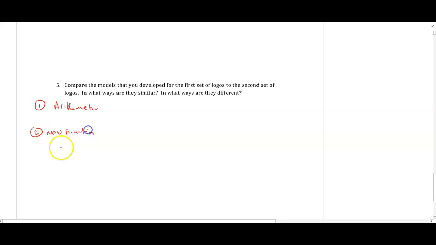And the new function we're going to call is a quadratic function. So when we look at this, we know arithmetic has a common difference, and we know exponential or geometric has a common ratio. So what about this new quadratic function?